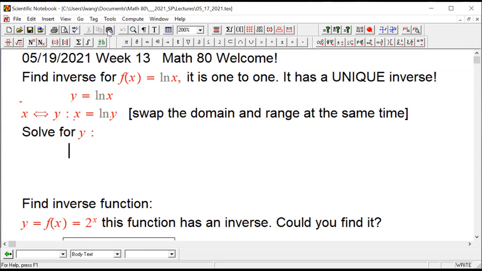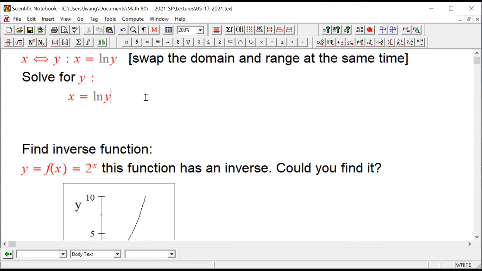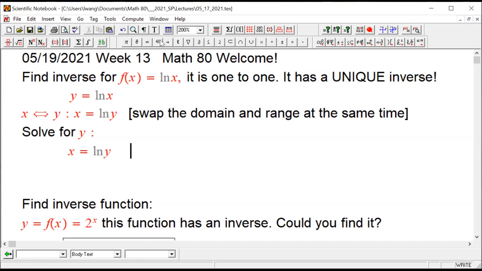We're going to use the same definition we quoted, the logarithm definition. I'm not going to copy and paste, just type it.